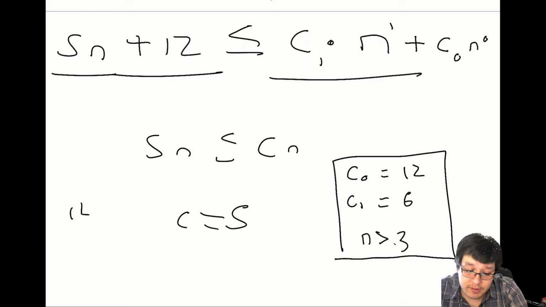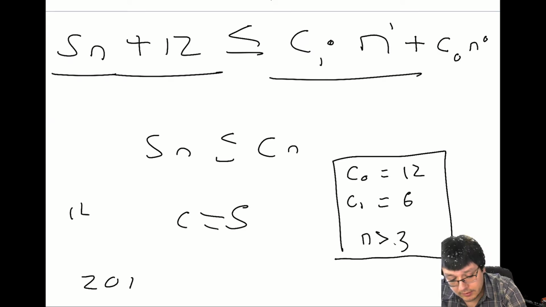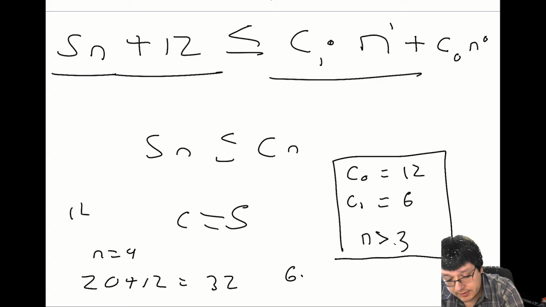So in this case, if n is greater than 3, it would be 4. First number is 4, right? So 4 times 5 is 20, plus 12 is 32, right? When n is equal to 4. On the other hand, 6 times 4 is 24. So it has to be bigger than that still.